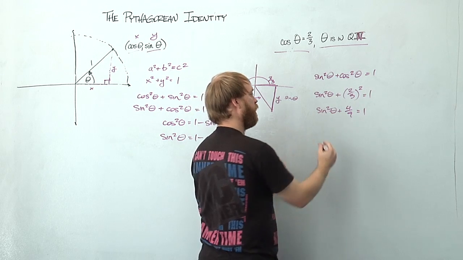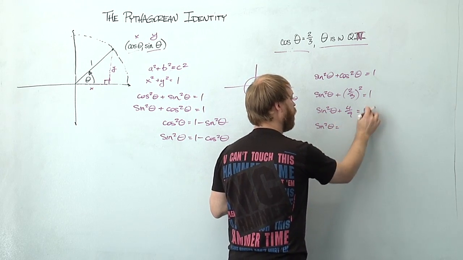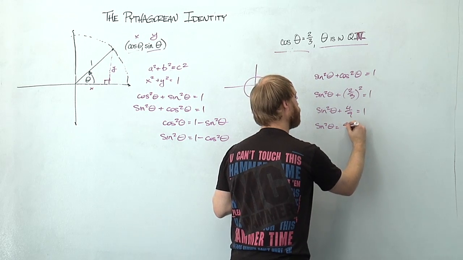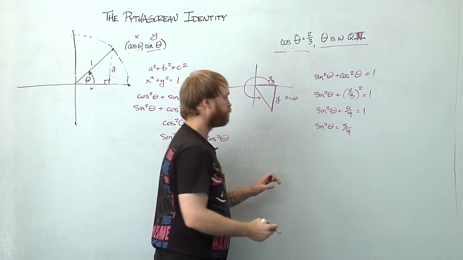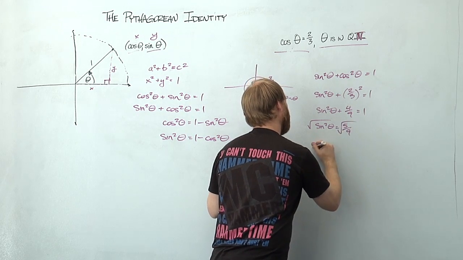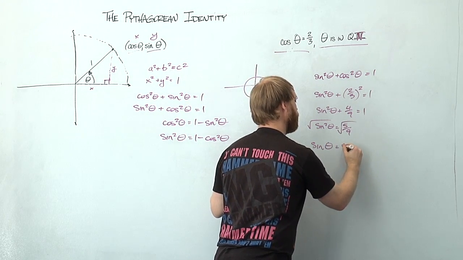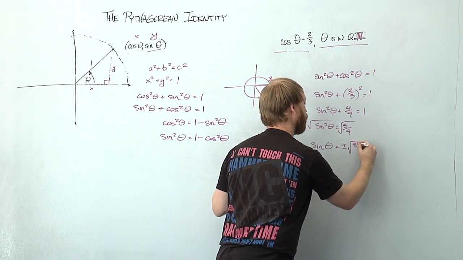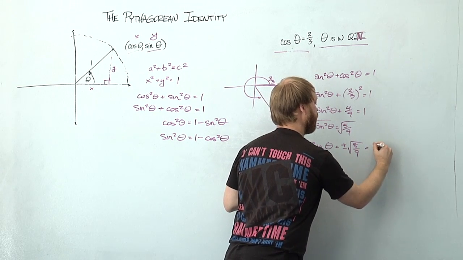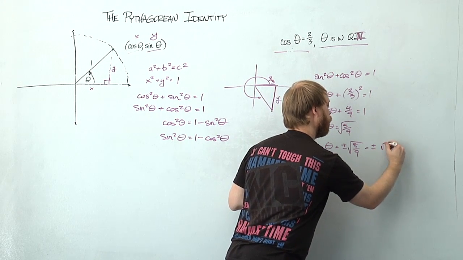Now subtract from both sides, 4/9. So sine squared theta equals 1 minus 4/9, which is 5/9. Now I'm going to take the square root of both sides. Because I took the square root of both sides, this could be positive or negative square root of 5/9. I'm going to simplify that because the denominator is a perfect square.